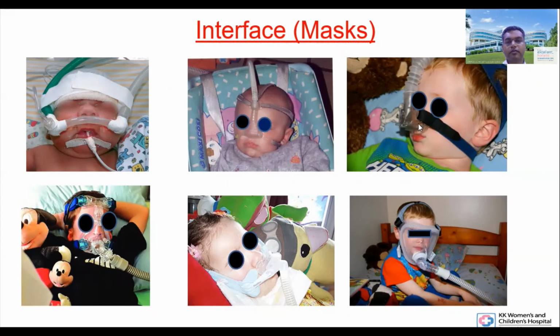Slightly older children use a nasal mask, and this is an oronasal mask to cover both the nose and the mouth. And this is a child with nasal pillows, and this is a full face mask which covers the whole face. So it has to be a very careful and customized choice when it comes to the interface.